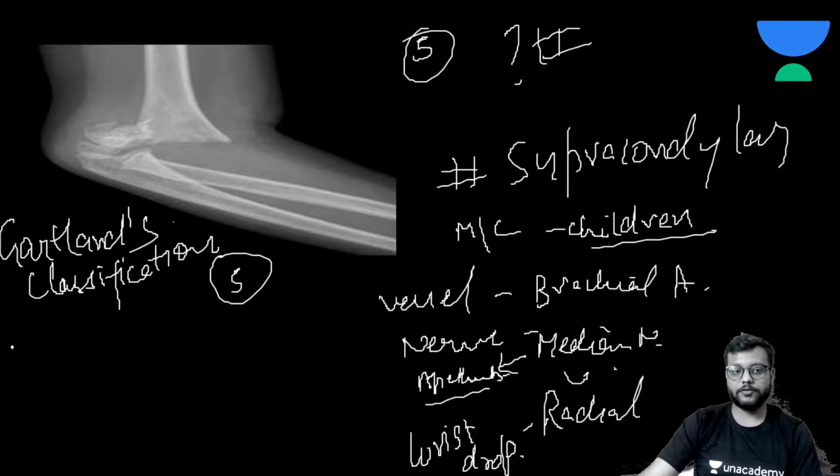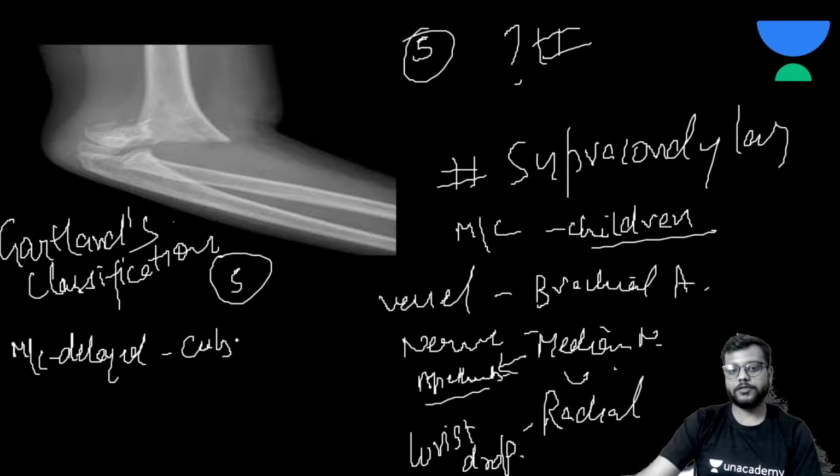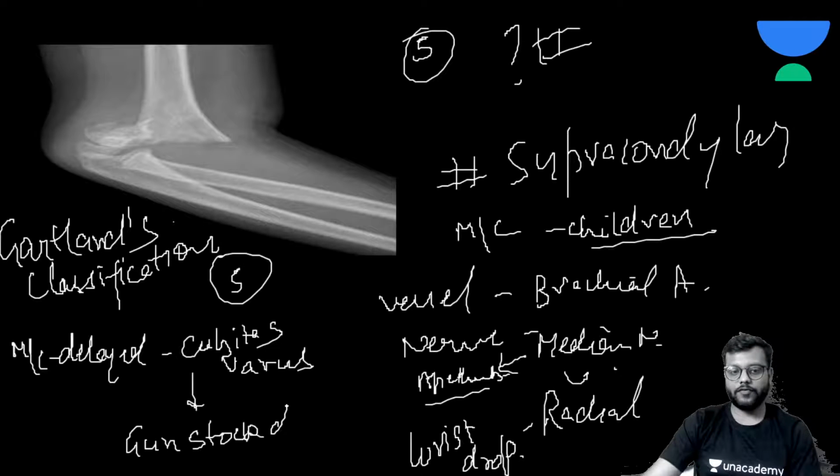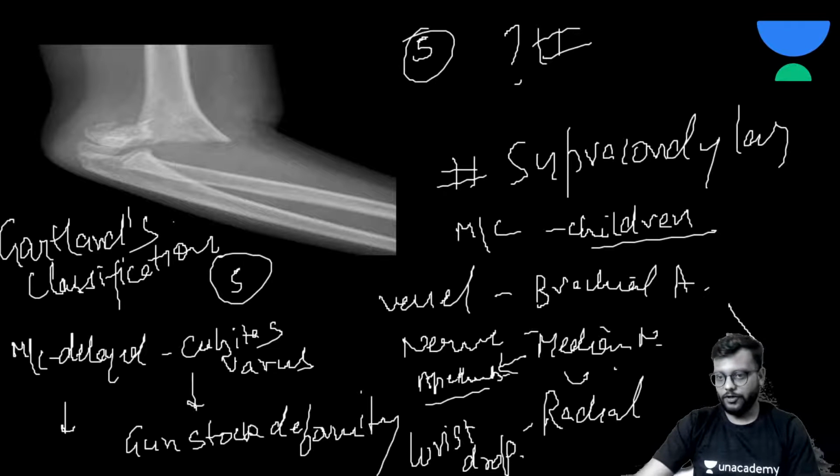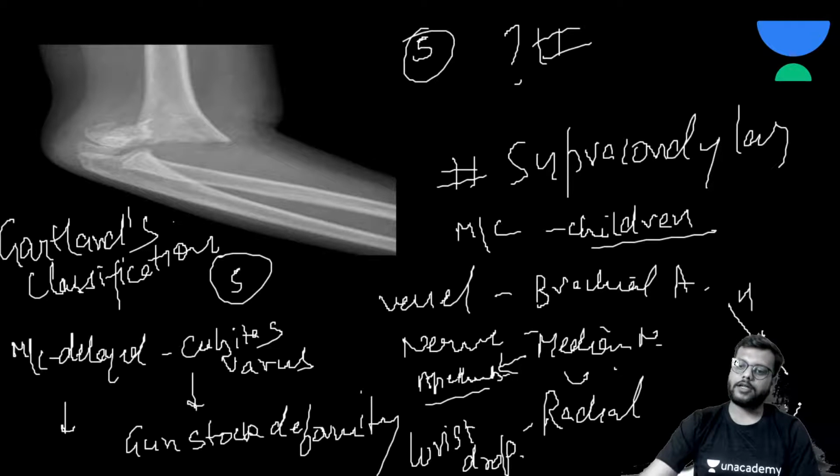And one more thing, the most common complication, a delayed complication, is cubitus varus, in which you will have gun stock deformity. Okay, in cubitus varus the carrying angle decreases. What is carrying angle? The angle formed between the long axis of the humerus and the long axis of the ulna is called the carrying angle.